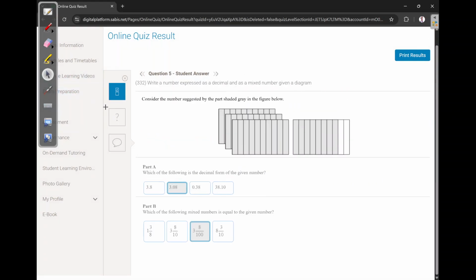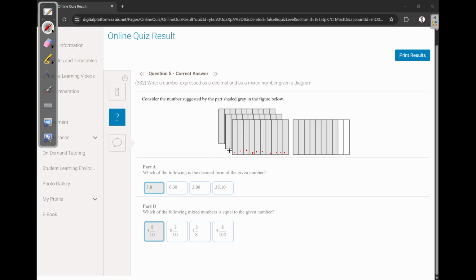Question 5. Okay. A. 3. There's 3 wholes because each one has 1, 2, 3, 4, 5, 6, 7, 8, 9, 10.